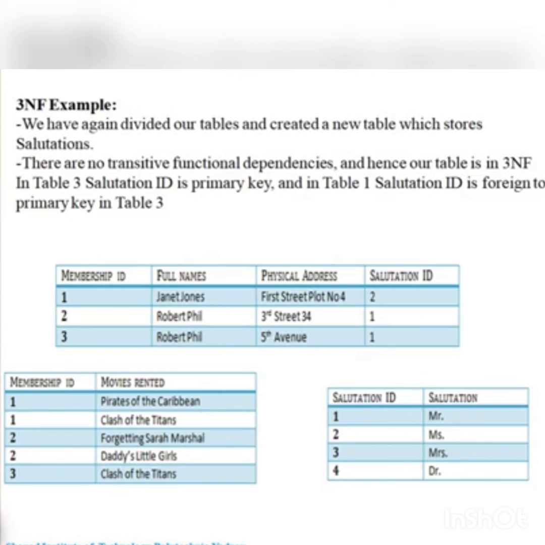Now we have again divided our table and created a new table which stores salutation. There are no transitive functional dependencies and hence our table is in third normal form. In table 3, salutation ID is the primary key, and in table 1, salutation ID is the foreign key to the primary key in table 3.